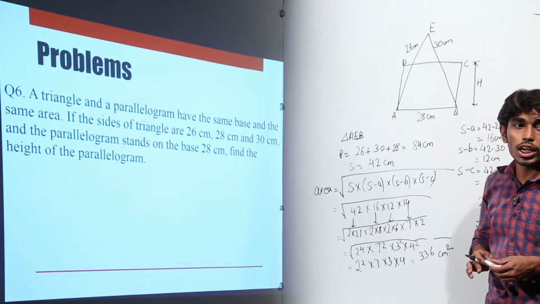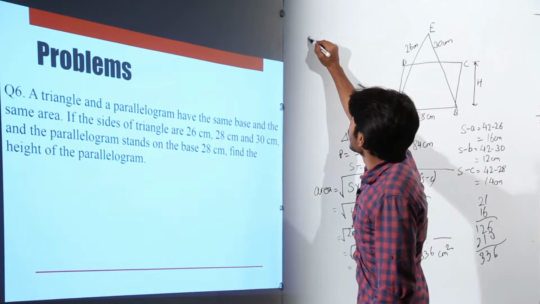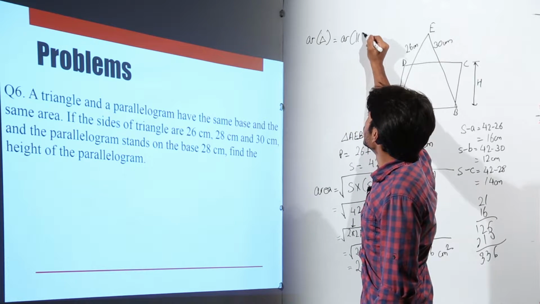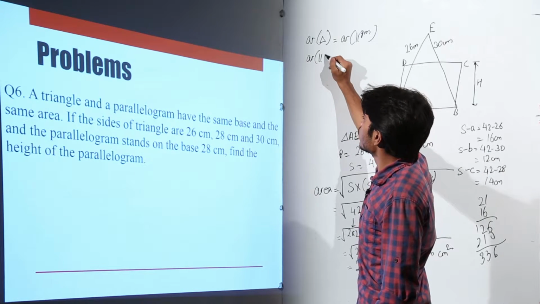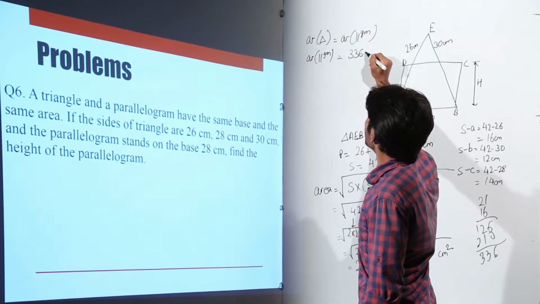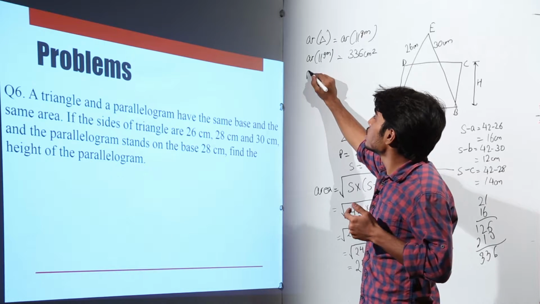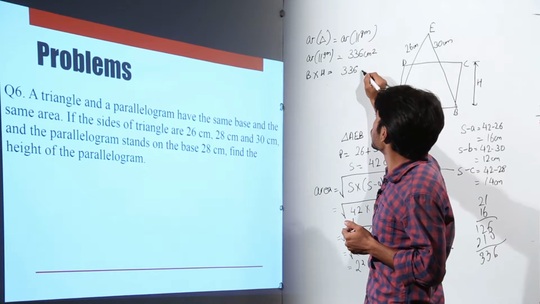Now we know that the area of the triangle and the area of the parallelogram both are equal. Area of triangle is equal to area of parallelogram. This is given to us. So area of parallelogram would be 336 centimeter square. Now the formula for area of parallelogram is base into height, which is 336 centimeter square.